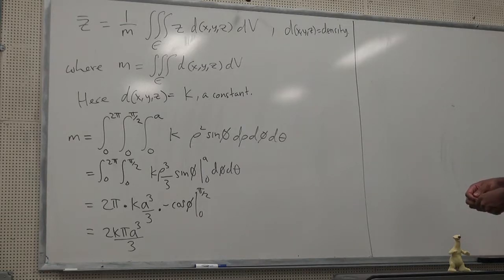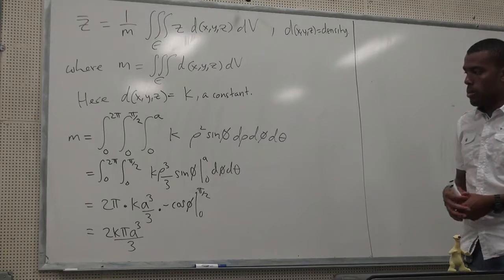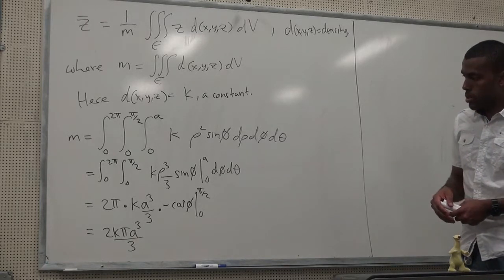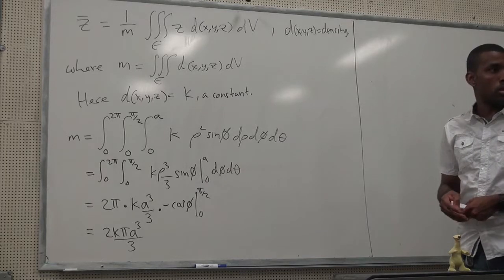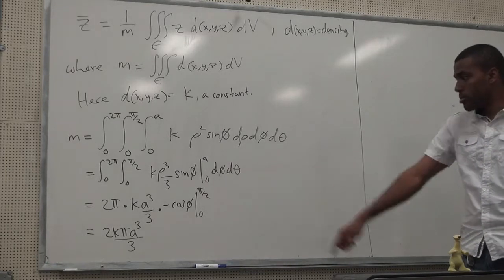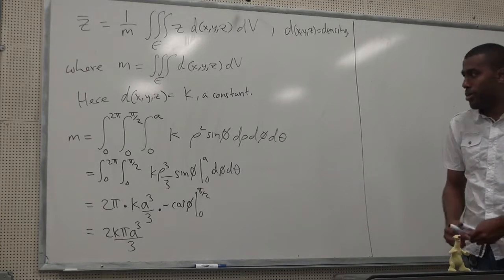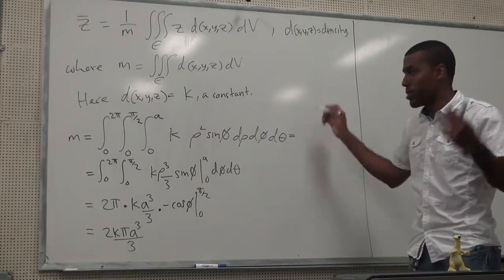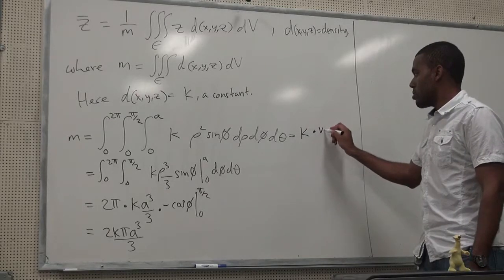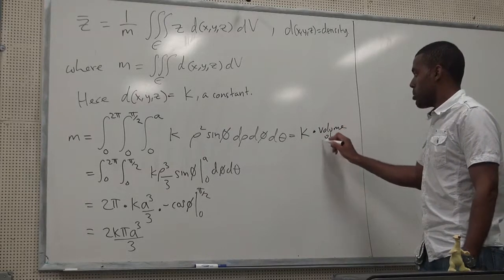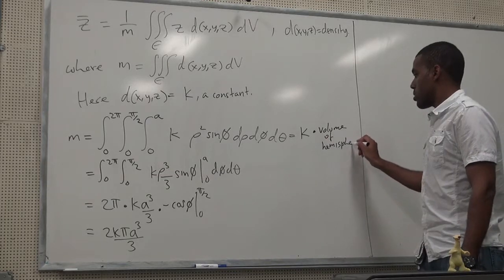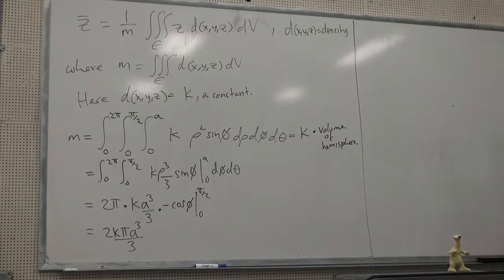The volume of a sphere is 4 pi r cubed over 3, right? And so for a hemisphere, it should be half that. So this actually follows, right? If you remember that, that was fine, but I never remember that. This is actually K times the volume of the hemisphere, so you could have done that shortcut.